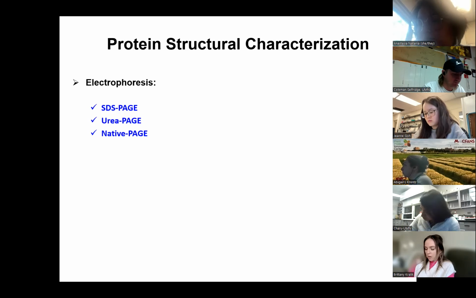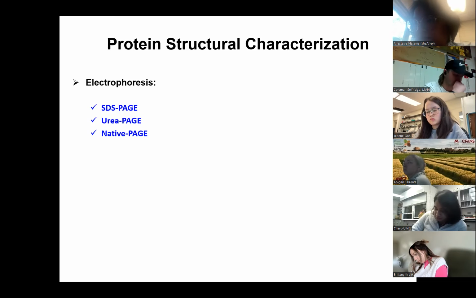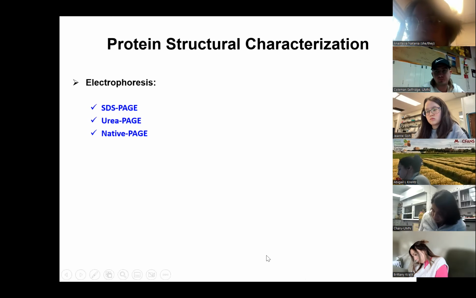And how exactly does SDS give a negative charge to all of them? Because SDS is a detergent that carries a negative charge and it interacts with your protein. Different amino acids have different charge, maybe one can be highly positive, another one may be less positive. Who will migrate faster, who will migrate slowly?